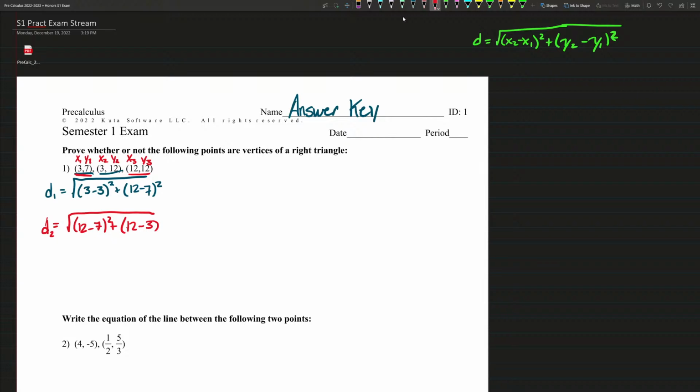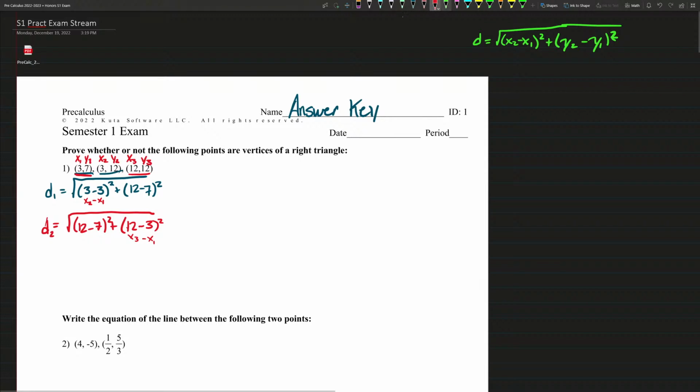I wrote that wrong. No, I wrote that right. Oh, I did x1. Okay. It doesn't matter which order, as long as you're consistent. And then we do the same thing between x2 and x3.